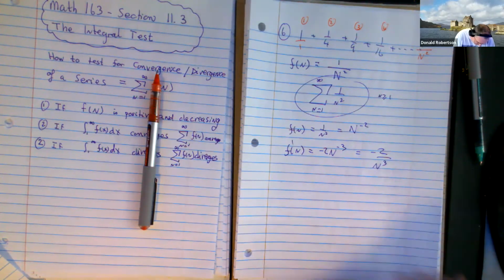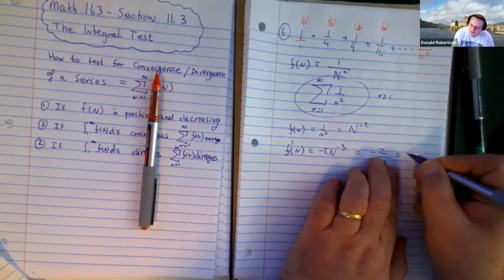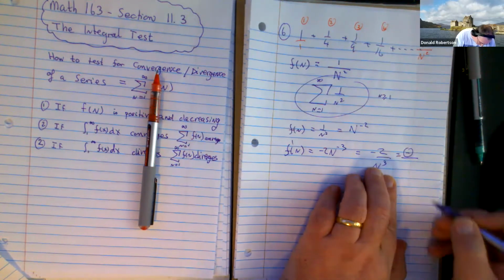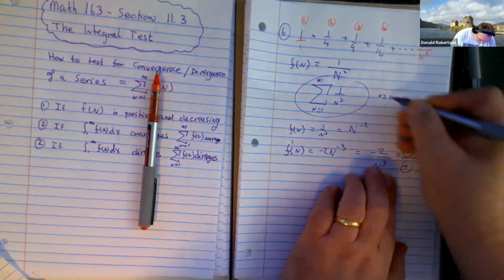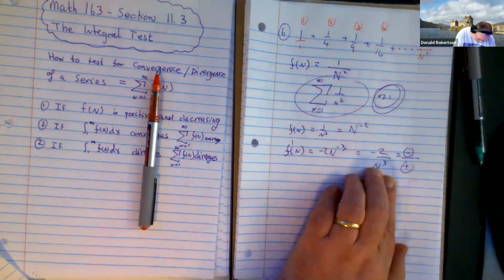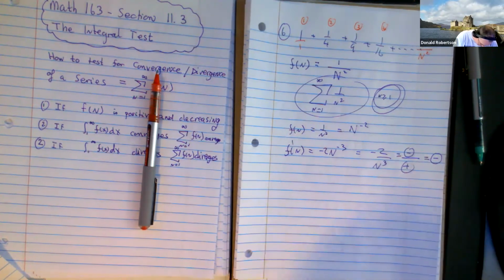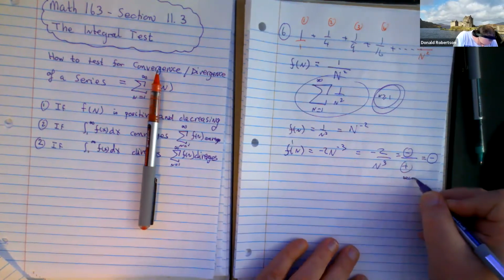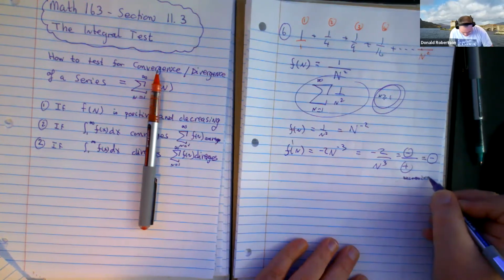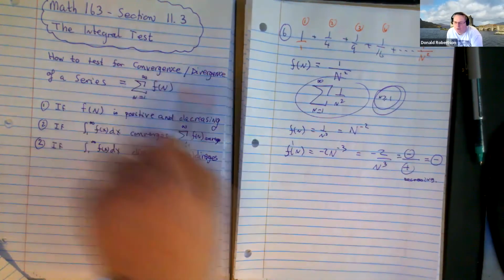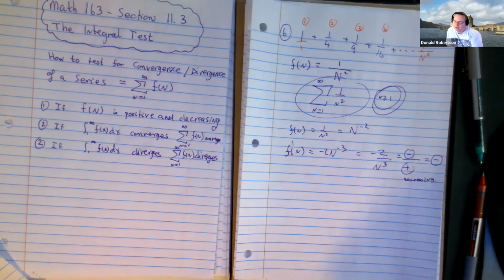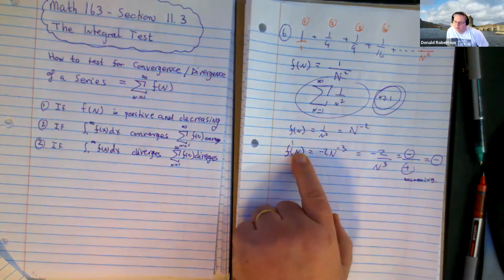Would you agree that -2 is a number that's always negative? And would you agree that n cubed is positive, provided n is greater than or equal to 1? So that makes the derivative negative, and so it is decreasing. And we have finished step 1, even if it was a little bit rushed. Right? Prove to me it's positive and prove to me it's decreasing by showing that its derivative is negative.